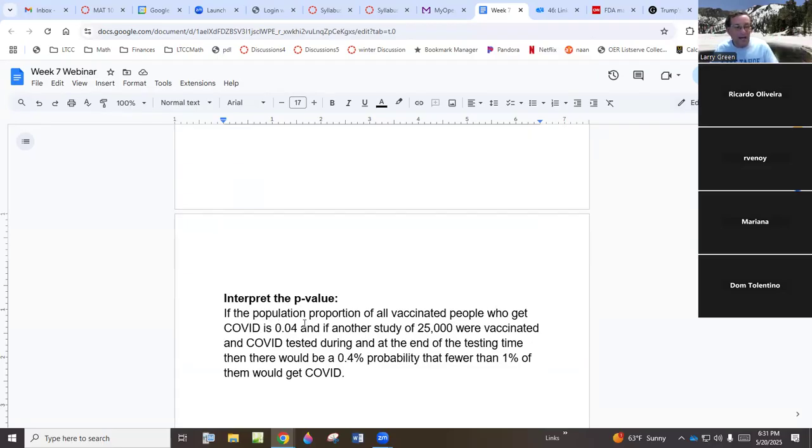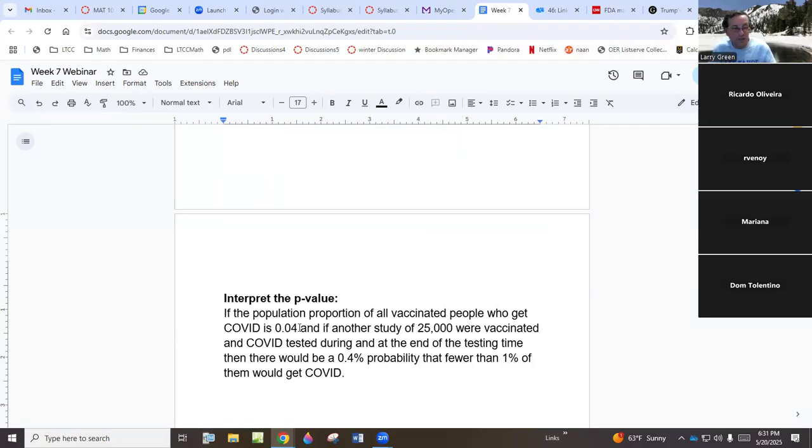So if the population proportion of all vaccinated people who get COVID is 0.04, in other words, if the vaccination didn't work at all, which means it doesn't help you one bit, so you still have a 4% chance of getting COVID even after you got vaccinated.